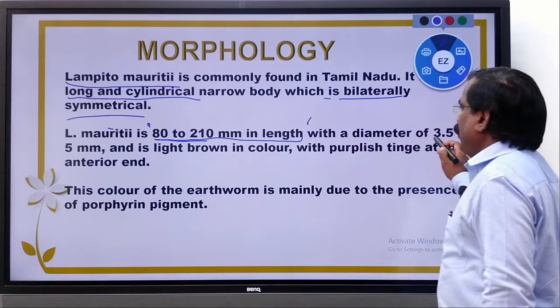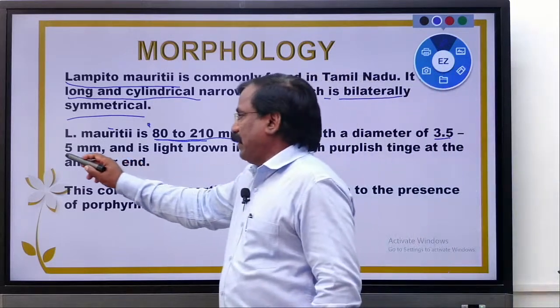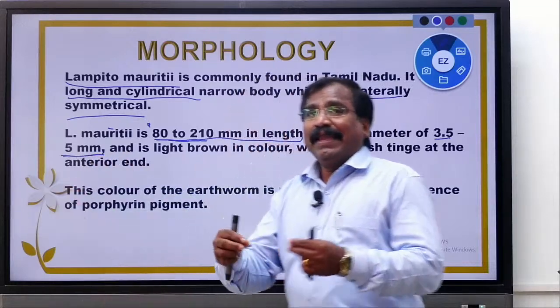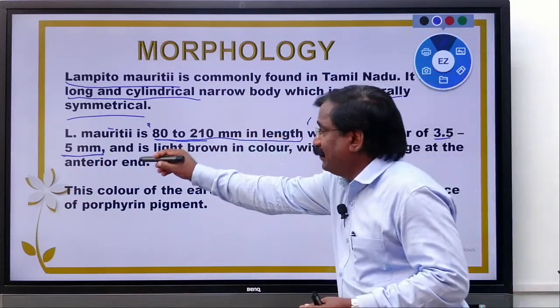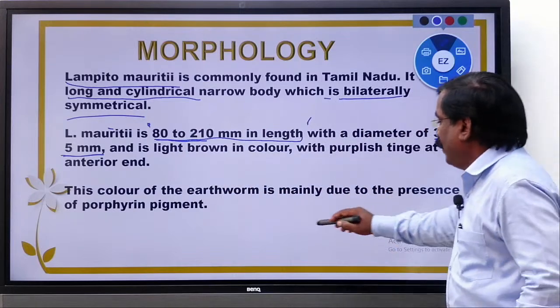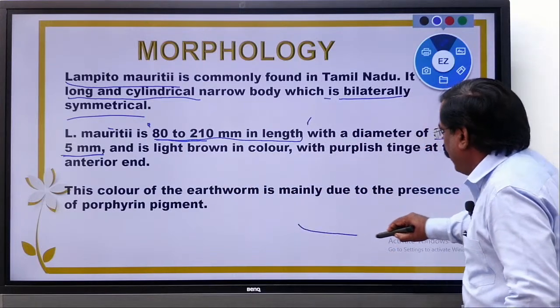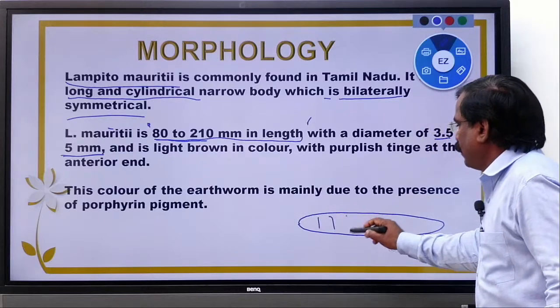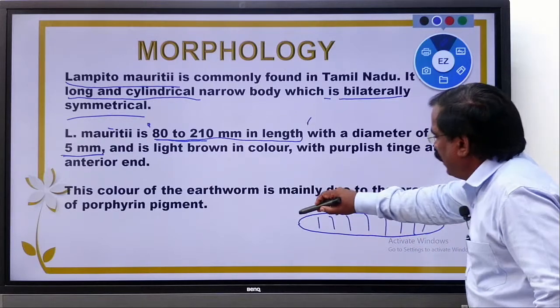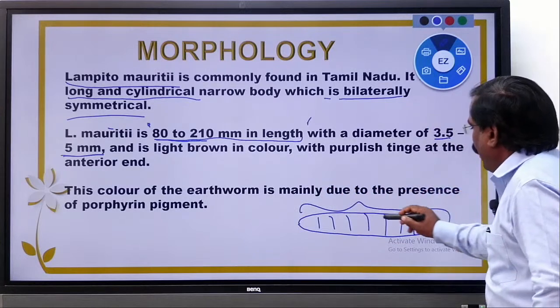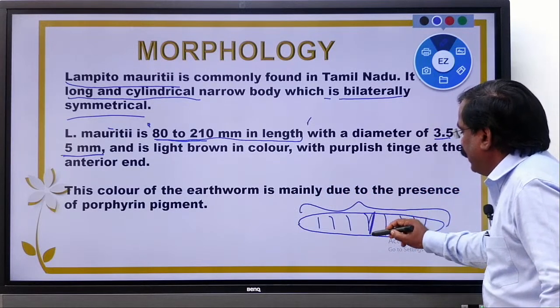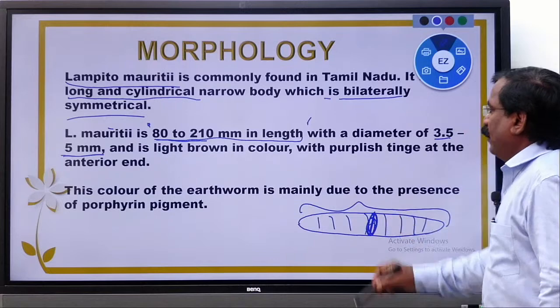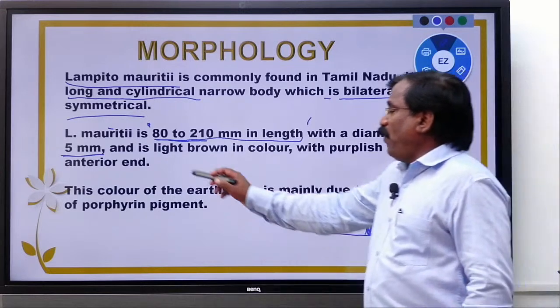So the diameter is 3.5 to 5 millimeter. This is the length and this is the diameter. For an earthworm, that is the length, and this is the diameter. And it is light brown in color.